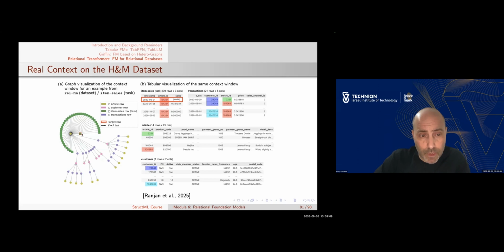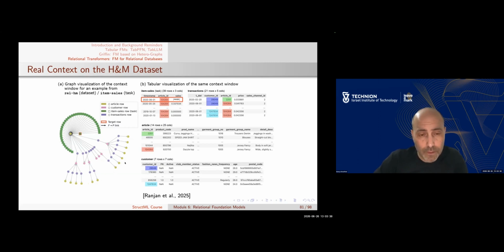And what else do we have in this context? This article is connected to the transactions. Each transaction is connected to customers also. And again, each customer is associated with several transactions of other articles that they've made, and each transaction is associated with its article and so on.